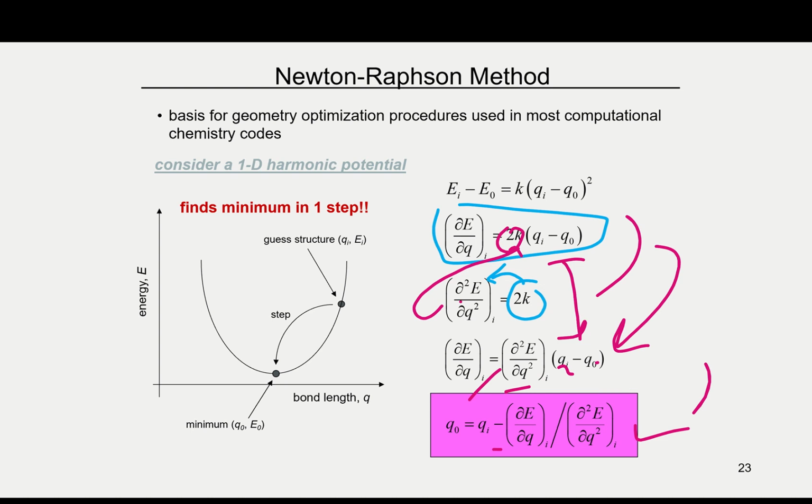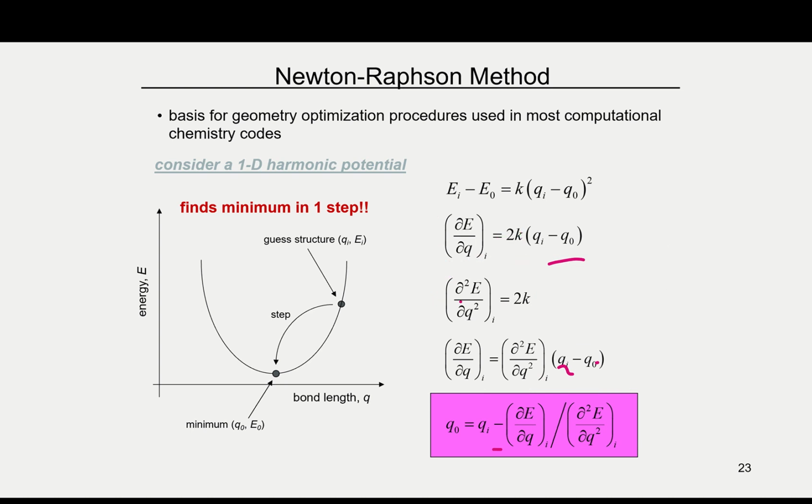You can do it by yourself, taking Q naught only. So you can see here that the 1D Newton-Raphson is the basis for geometry optimization procedures used in most computational codes. So it tells you about this one.